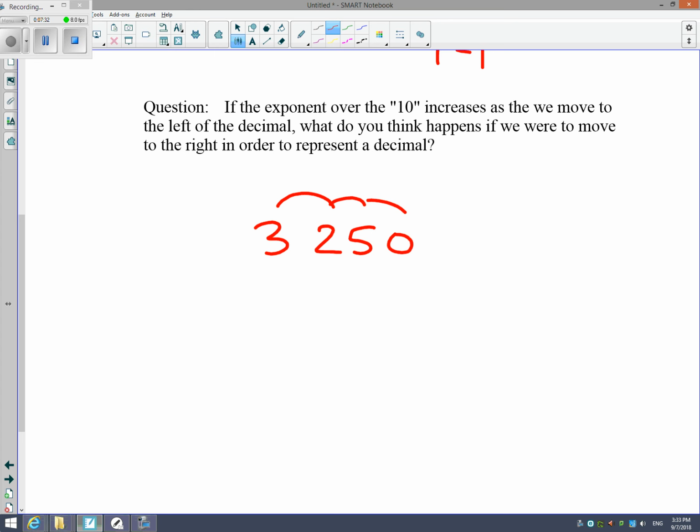But the question that we've pondered today is, what happens if we're going towards the tenths and hundredths and thousandths column? What happens as we head to the right of the decimal?